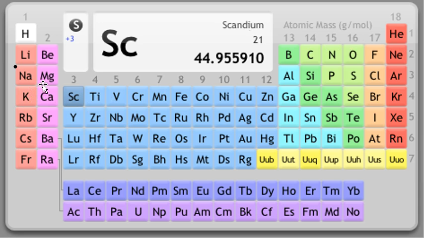The elements between the s and the p block are called the d block elements or the transition elements, that is from group 3 to group 12. The elements placed below the d block elements are called the f block elements.